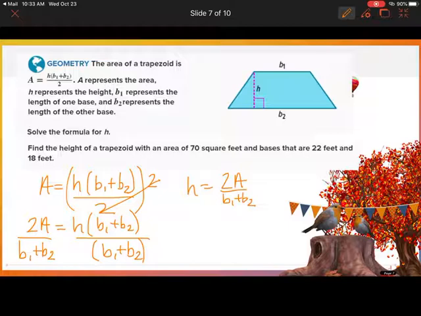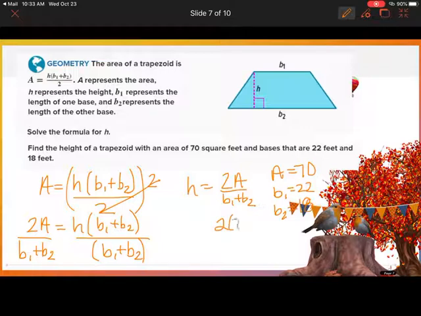So now it says find the height of a trapezoid with an area of 70 square feet. So that means A equals 70. And the bases are 22 and 18. So B1 equals 22. B2 equals 18. So I'm just going to plug those in.